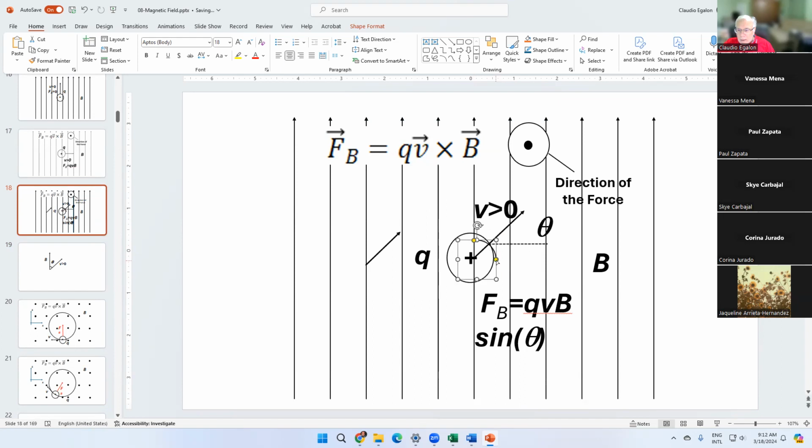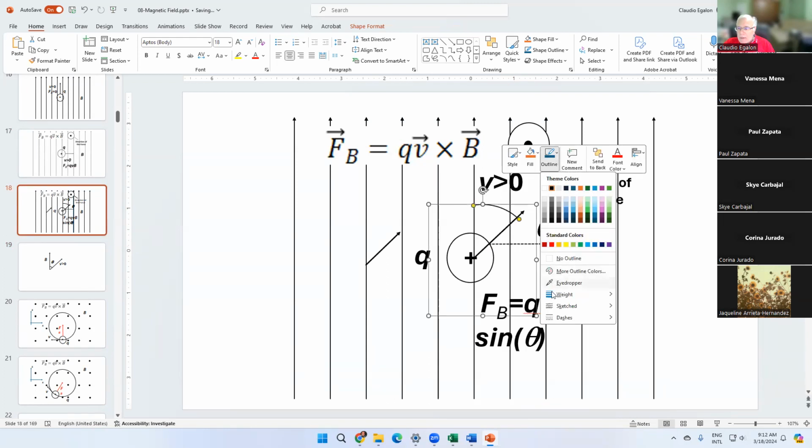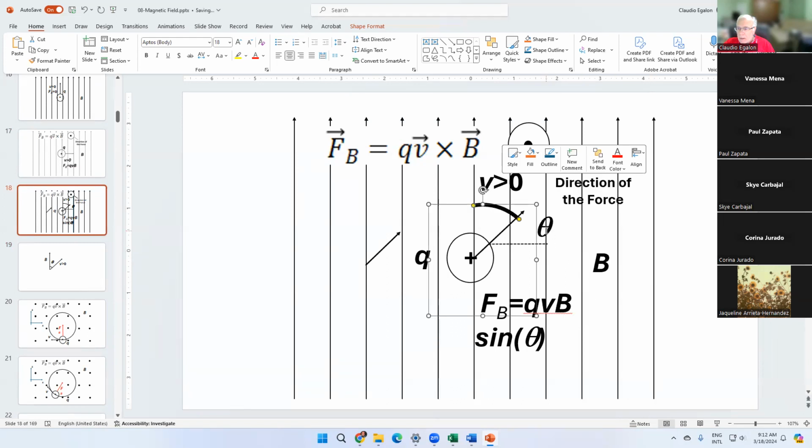That's the angle theta. Let's increase it in size, align it properly, and make it a little bit thicker. And that's going to be my angle theta.